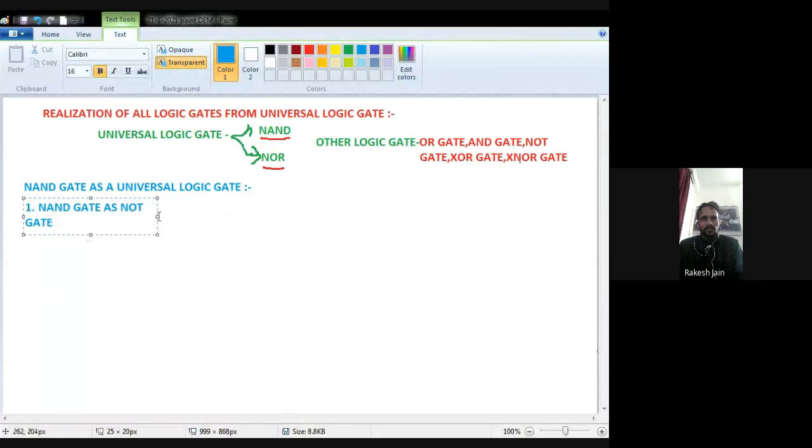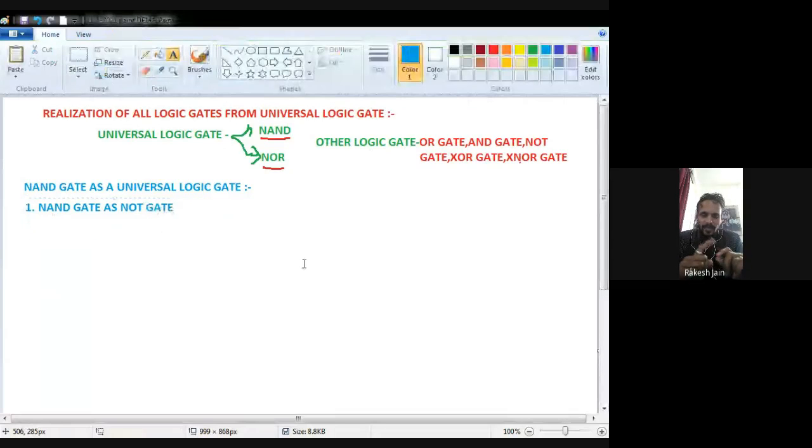How is a NAND gate realized as a NOT gate? Remember, whenever any logic gate like a NAND gate or NOR gate has both the inputs common, at that time it will behave as an inverter. Inverter means NOT gate.